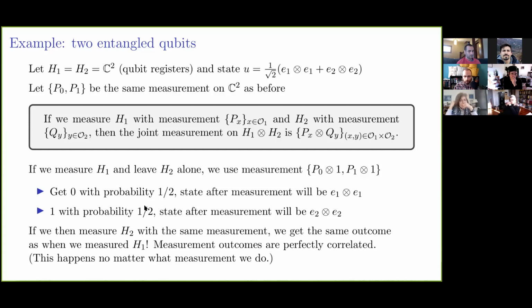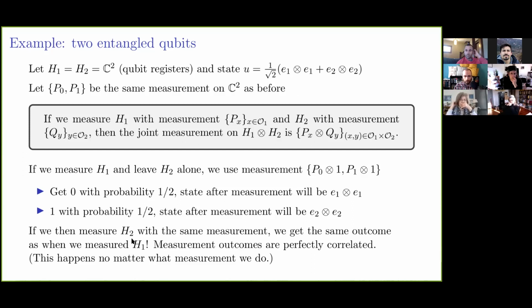If the first lab got outcome 1, and so the state was E2 tensor E2, then they get outcome 1 with probability 1 now, because 1 tensor P1 applied to this will be the same vector, but 1 tensor P0 applied to this vector will be 0. So they'll get outcome 1 as well with probability 1 and outcome 0 with probability 0.